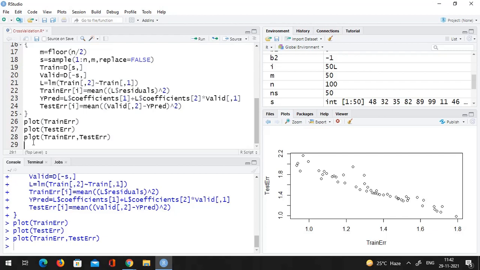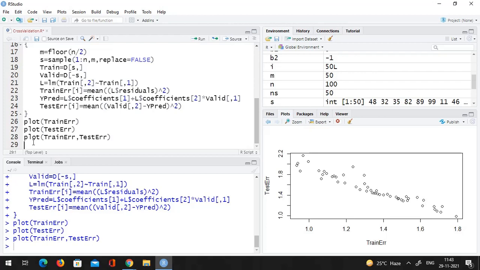So if the train error is increasing and the test error is also increasing, that means it is not increasing significantly, but it is also performing well in front of the data set.